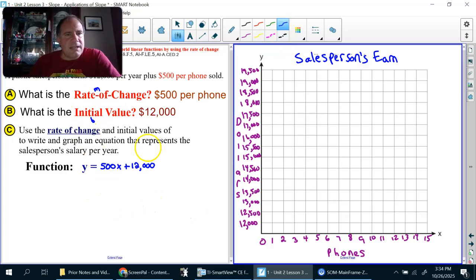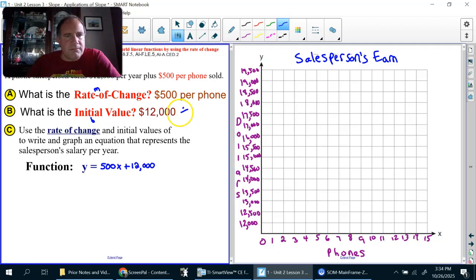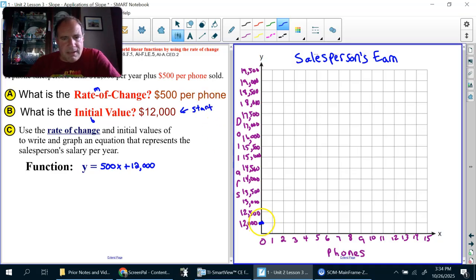We're going to start at 12,000, starting point. So we're going to start right here. And look, did I forget to have my break? Yep, I have to have a break. The reason why I have to have that break is because I'm going up to 12,000 and I'm increasing by a different amount, which is 500. So for one phone, 12,500. 2, 3, and now you don't even have to look. The corners of every box.